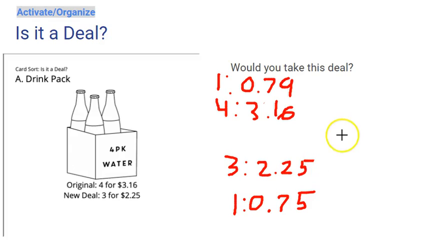So it's 75 cents per bottle. Think about what we talked about before. So in this case, yeah, the new deal is a good deal, and you should take it. It's not always, but you have to pay attention to what's going on.